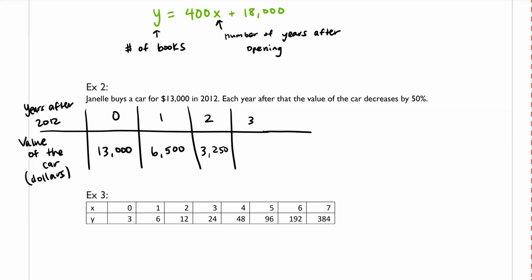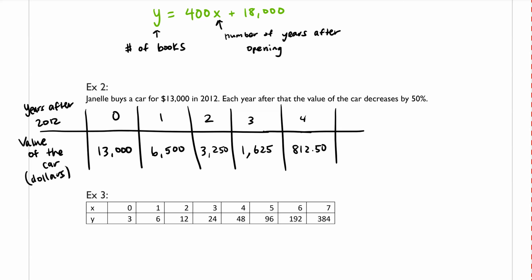And the following year, it would be 1,625. And the following year, it would be $812.50, and so on. And so maybe pause the video for a second. In what way is the value decreasing? Is it decreasing linearly or is it decreasing exponentially?